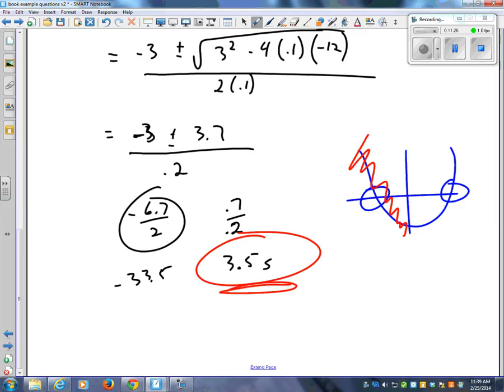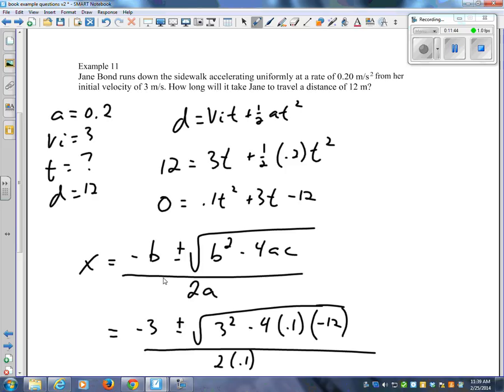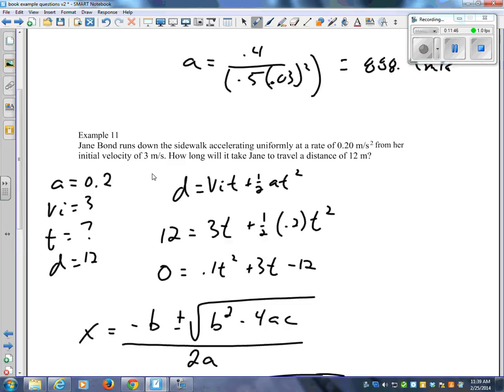This value really makes no sense, right? If you did get a value of a negative time, it doesn't make sense in this situation. Well, actually, in this particular situation, what it means is that she is starting at 3.